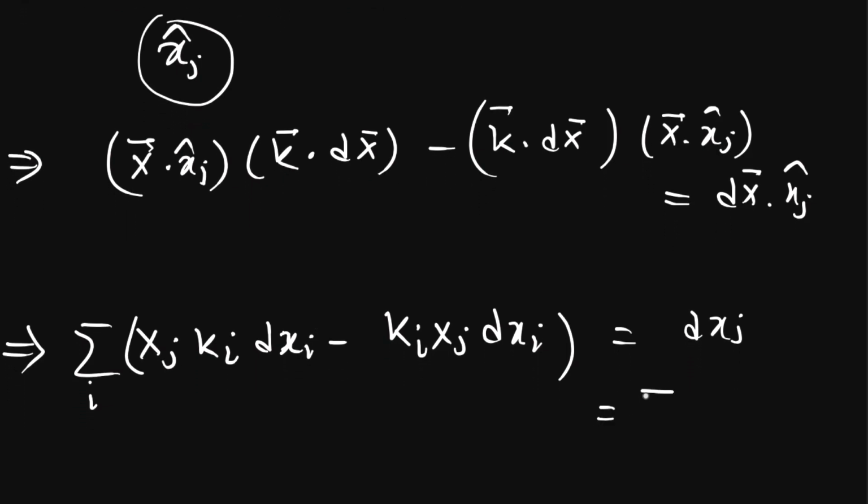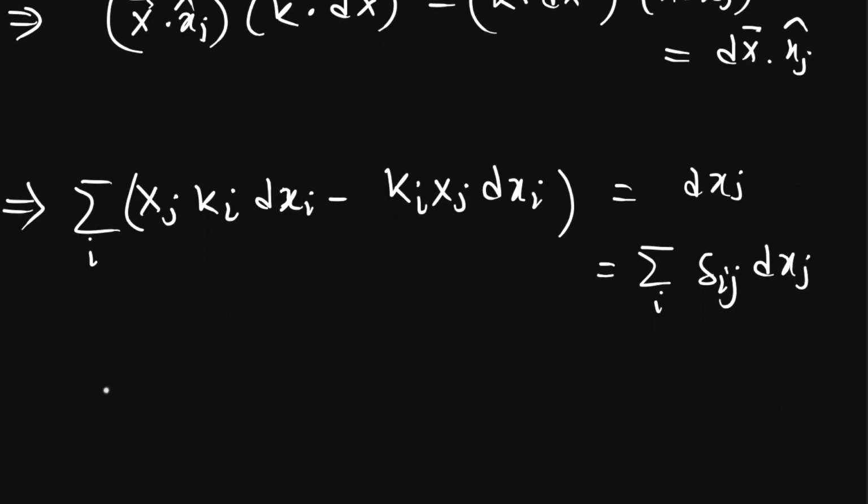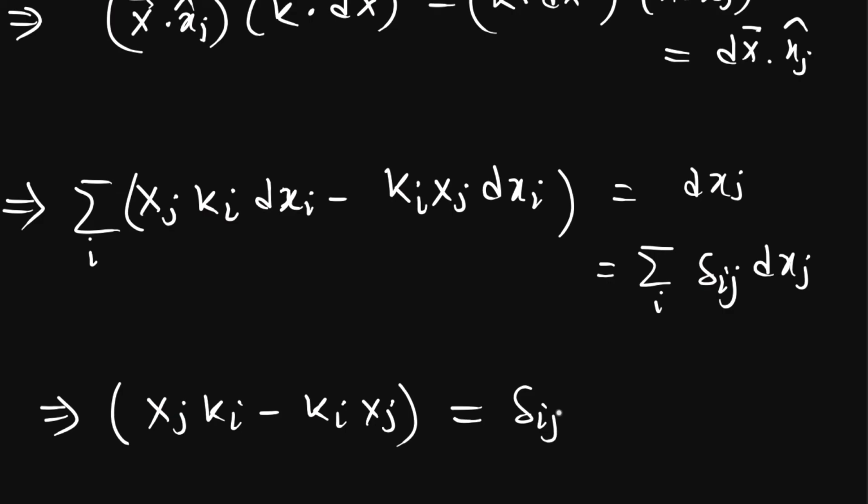That is nothing but summation of i delta ij dx_a. From this equation we'll get x_a k_i minus k_i x_a equal to delta ij.